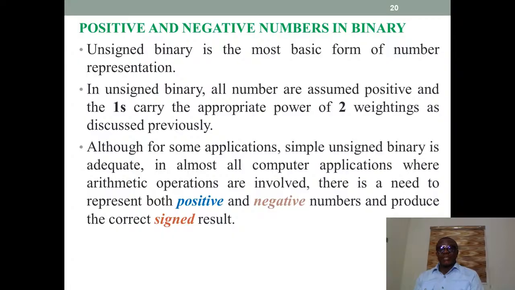Although for some applications, simple unsigned binary is adequate, in almost all computer applications where arithmetic operations are involved, there is need to represent positive and negative numbers and produce the correct sign bit.